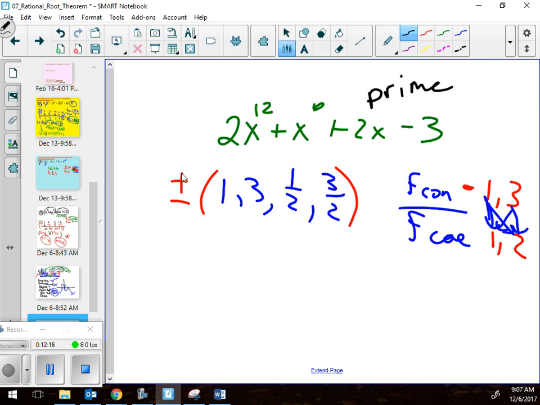If I try them with synthetic and none of them work, then none of them are the solution. I'll give you a really simple one. X squared plus 6x plus 3. That doesn't factor. Yet it has a constant and a coefficient, and I can get this list of things that could be it, but none of them actually work. I try them with synthetic, none of them work.